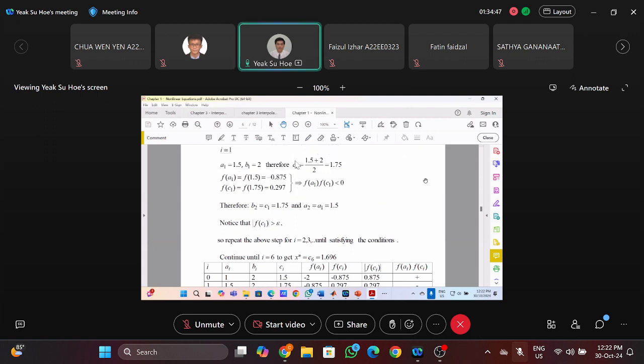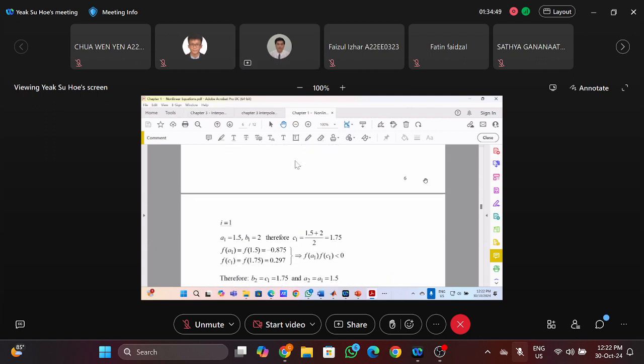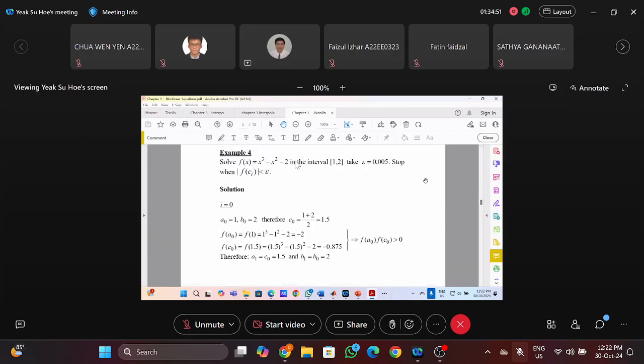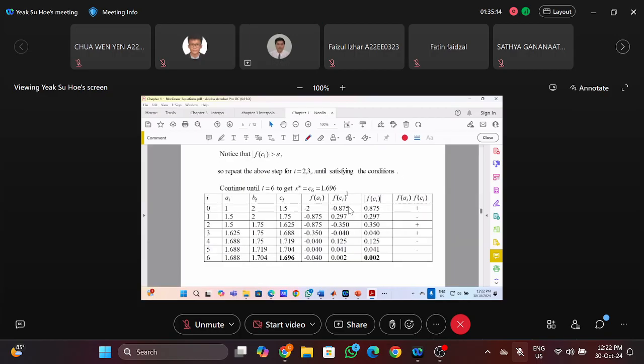So what is the question? The question is, f(x) equal to x power 3 minus x power 2 minus 2. Okay, this is a question, so I put in the question here.